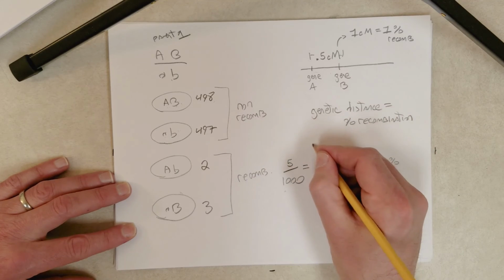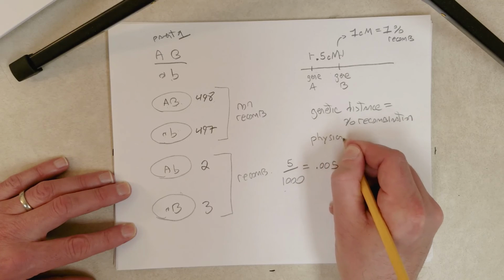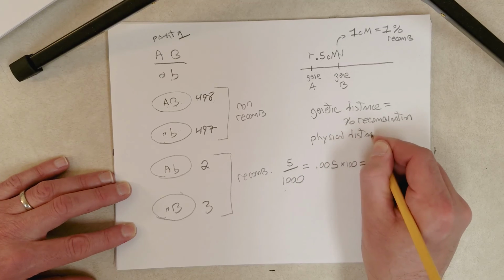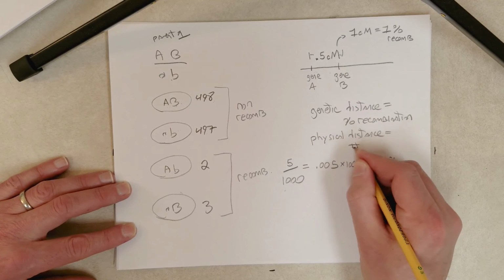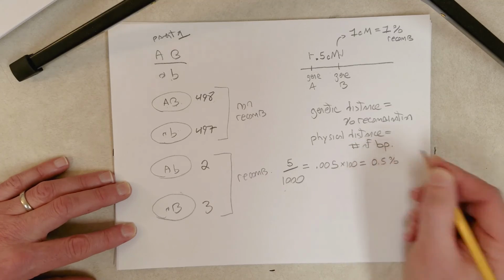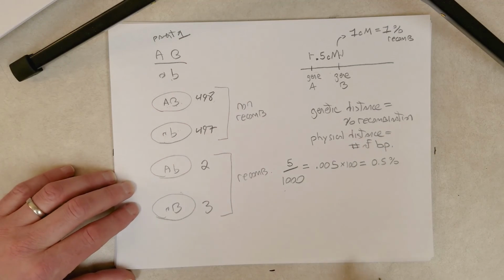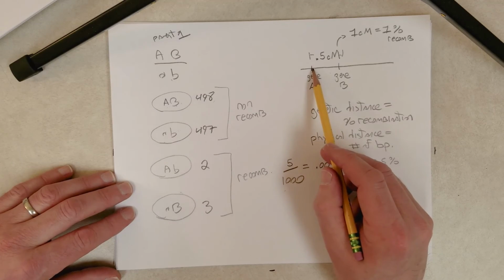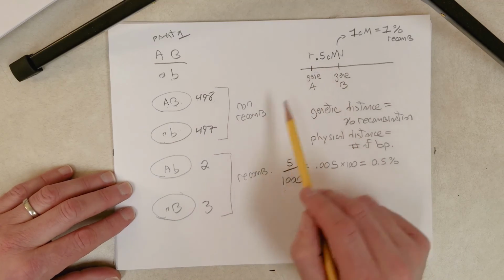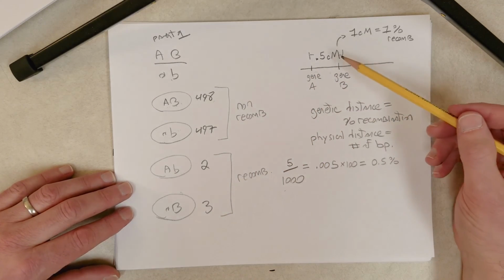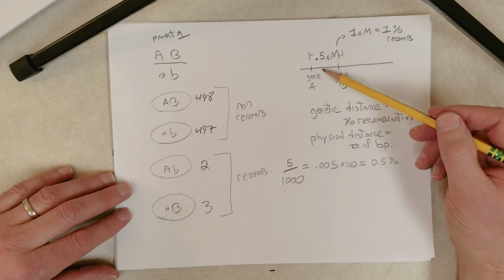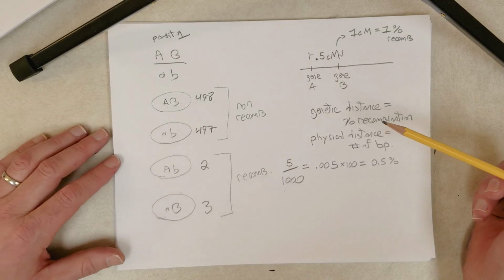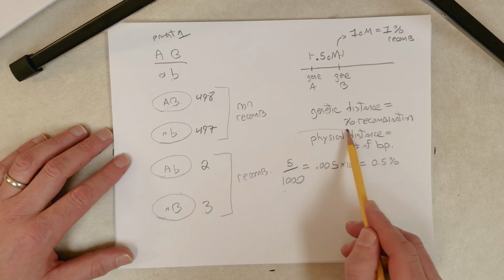That is different from physical distance, which is the number of base pairs between 2 points on a chromosome. So the physical distance would be the number of base pairs between gene A and gene B. The genetic distance is the percent recombination between gene A and gene B. Now, why do we have two different measures?